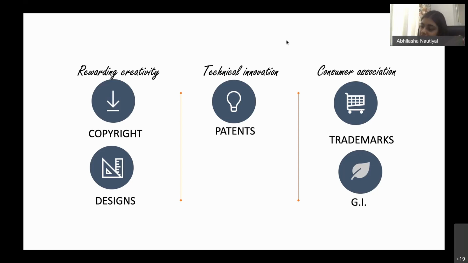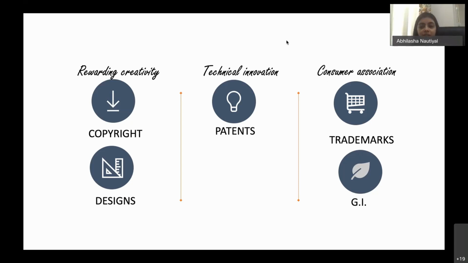Now, really the step one is to understand what is it that you need to protect, because without identification of that nature, it's difficult to actually start building your enforcement around that asset.